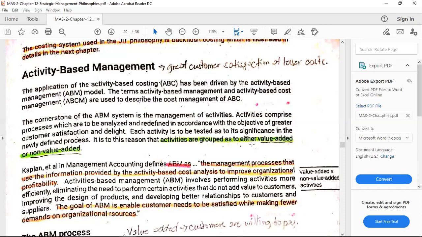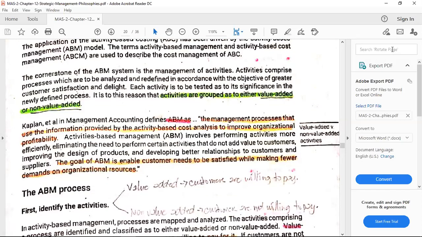So in activity-based management, we focus also on the value added activities so that we would know which activities are really adding something, that is the value, to the company. And we have to improve our profitability in the process, because by then we would be able to sort out which particular costs are to be used in our costing.